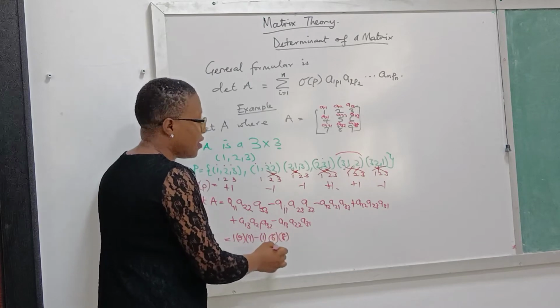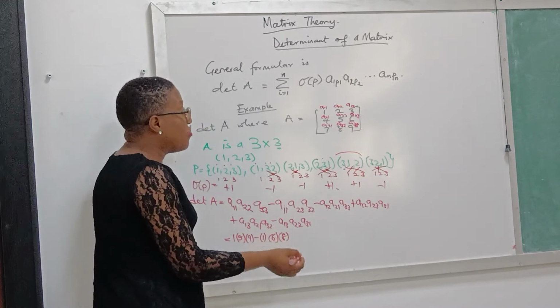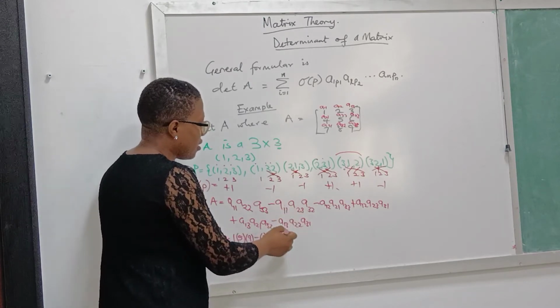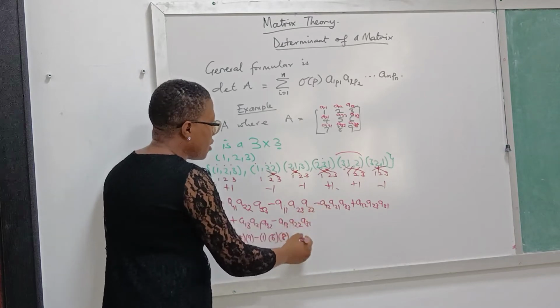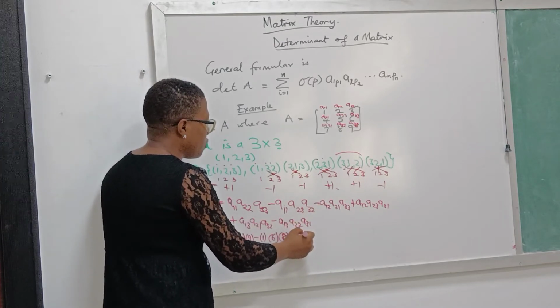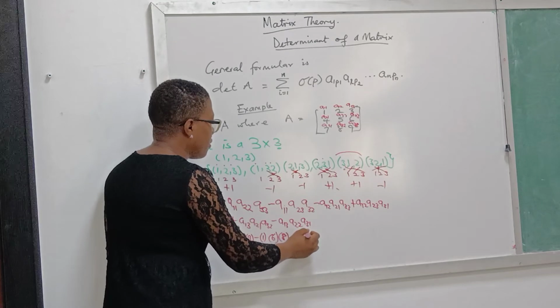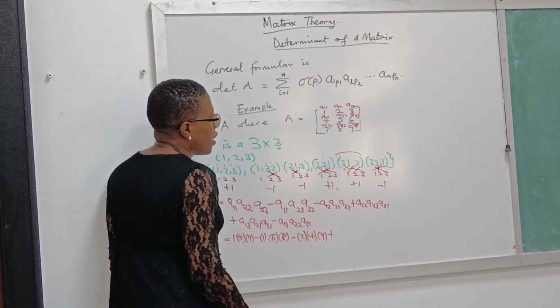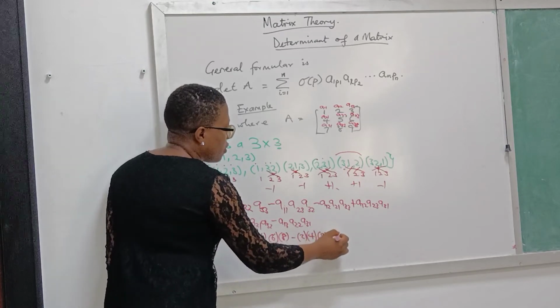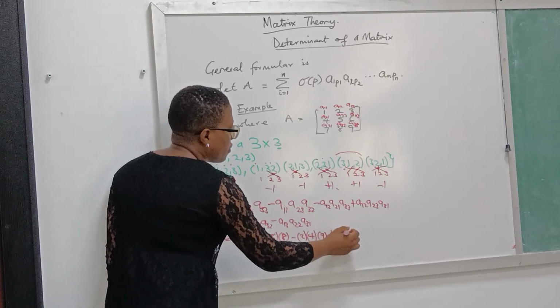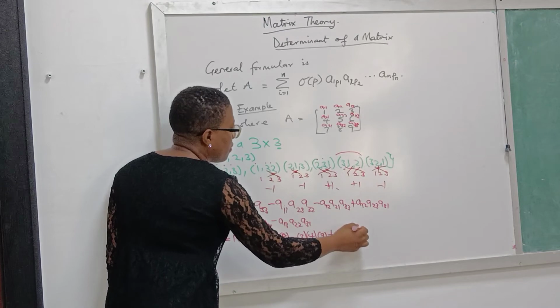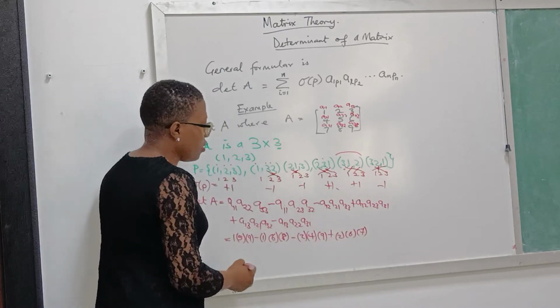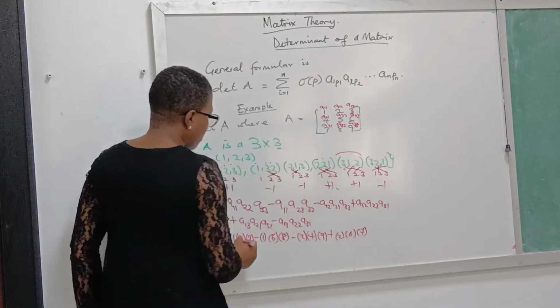Minus A12, which is 2, A21 is 4, A33 is 9. Plus A12, which is 2, A23 is 6, A31 is 7.